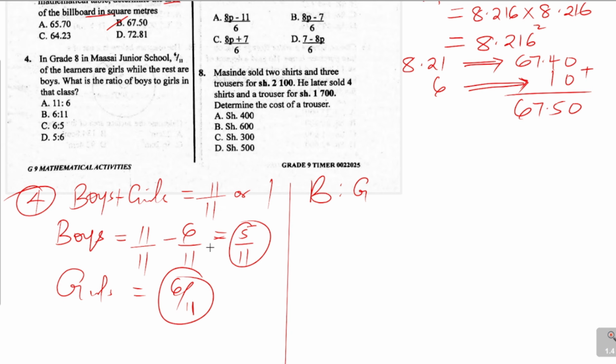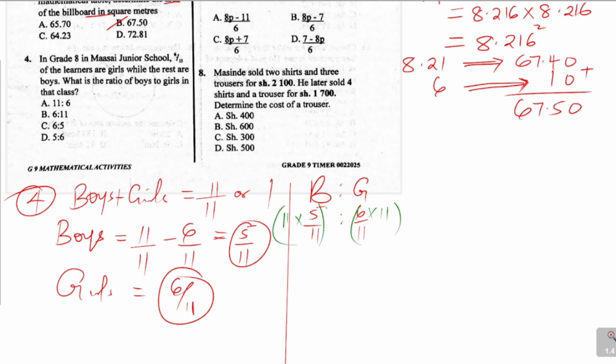The fraction for the boys is 5 divided by 11, then the girls 6 divided by 11. This is how we get the ratio. You can see you have the common denominator, which is 11, multiply by 11 there, and then multiply by 11 there.